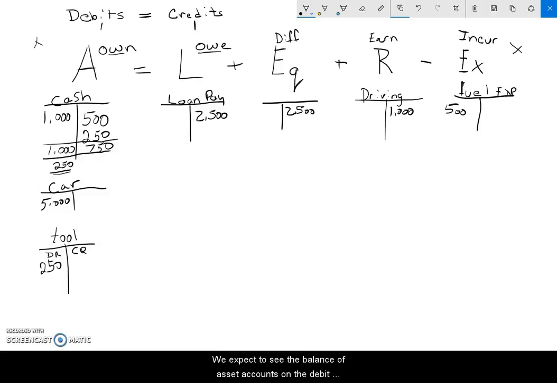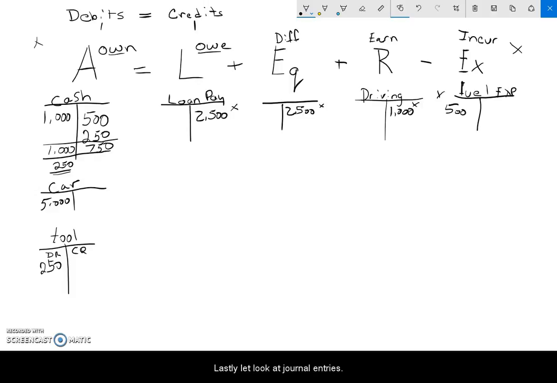We expect to see balances of assets on the debit side. We expect to see balances in the other account types as so: liabilities on the credit side, equity on the credit side, revenues on the credit side, and expenses on the debit side. So if you remember, the two outside account types, assets and expenses, are on the debit side, and all the ones in between are credits, you're golden.